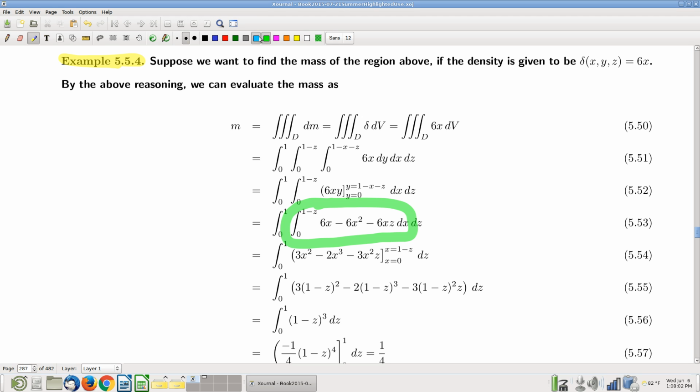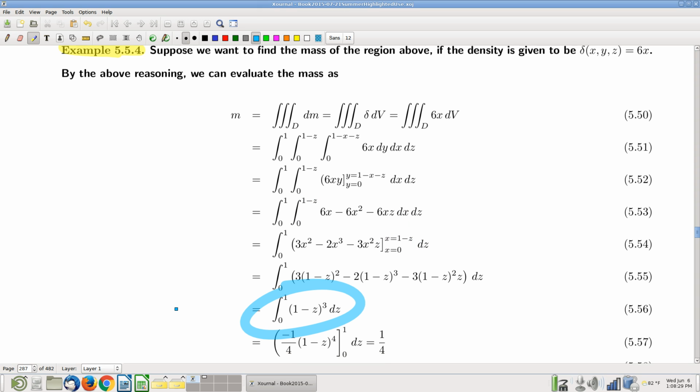Keep in mind, x is the variable. Z, further to the outside, is therefore a constant, so we treat it as a constant in that algebra, right? Because it is a constant for the purposes of that algebra. Again, plug in the values of x as indicated, and then finally we have a single variable integral, third step in the process.